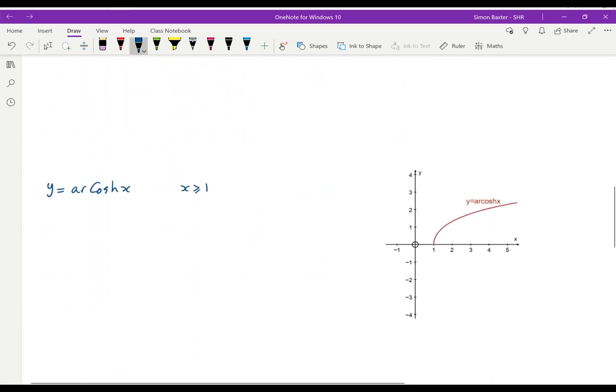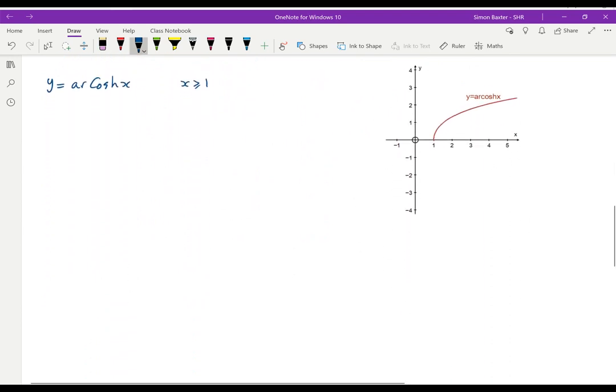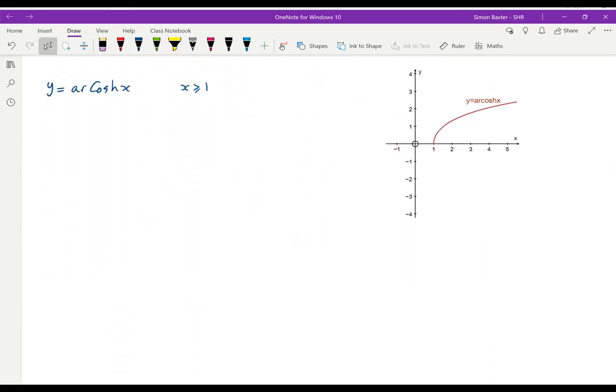Let's have a look at arcosh x. We've got the graph of arcosh x over here, and x has to be greater than or equal to 1. Same trick. If y is arcosh x, then x is equal to cosh y, which is a half e to the y plus e to the minus y.